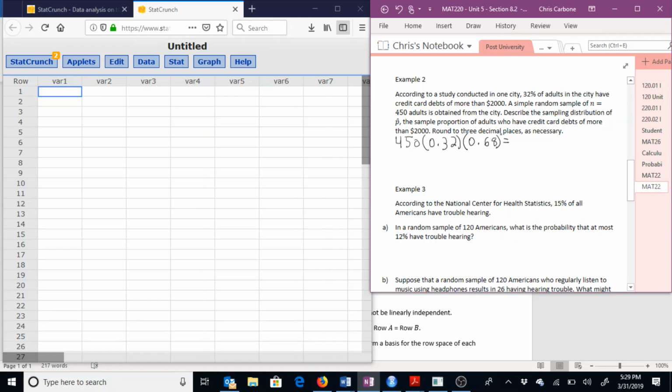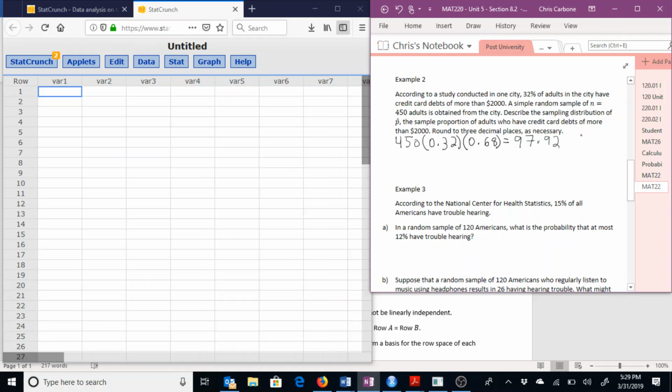And for this to be approximately normal, we want that value to be at least 10. And in this case, we get a value well greater than 10, 97.92.